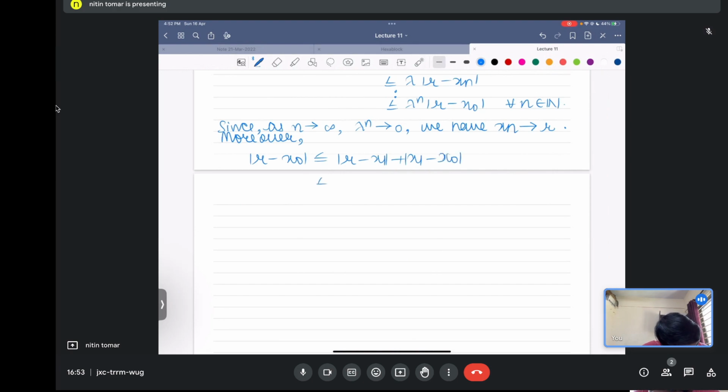And for r − x1 we know it is λ times |r − x0|, then plus |x1 − x0|. So this implies |r − x0| is less than 1/(1 − λ) times |x1 − x0|.